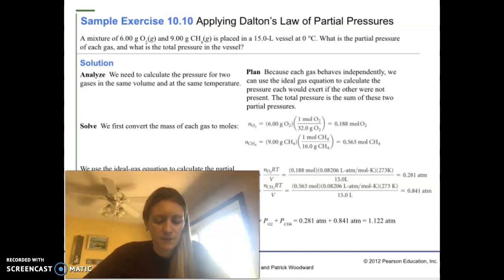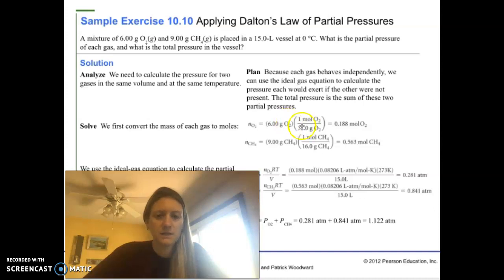So our first step is to convert from the grams that we have into moles, and then we're going to use those moles in the ideal gas equation to figure out the pressure of each one separately, and then you can add them together to get the total pressure. So starting with oxygen, we've got 6.00 grams O2. We know that oxygen is 16 grams per mole, but we've got 2 oxygens, so 16 plus 16 is 32.